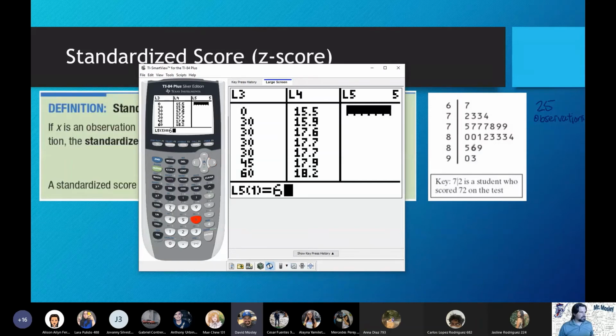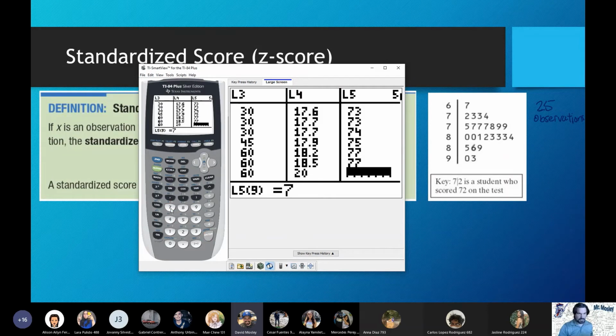We've got 67 and 72, and so on. Excellent, 25 scores.